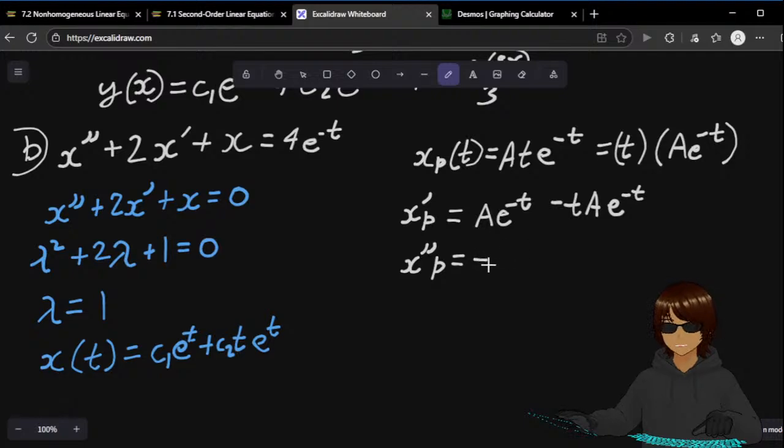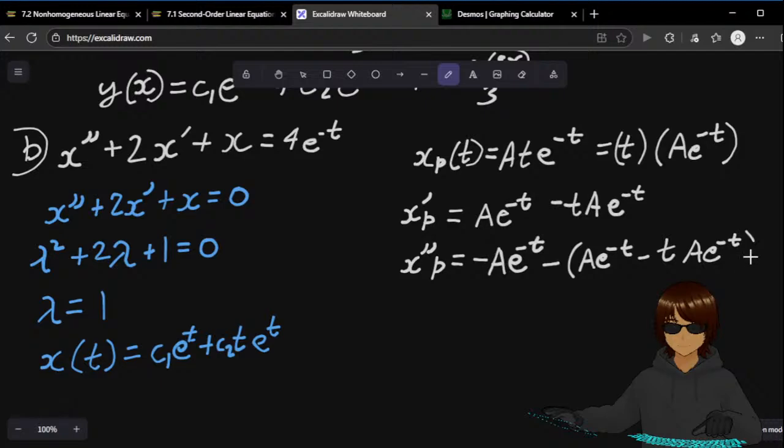Derivative of this is minus a and then this entire thing. So I just copy this entire thing. This minus this minus 2 plus t.